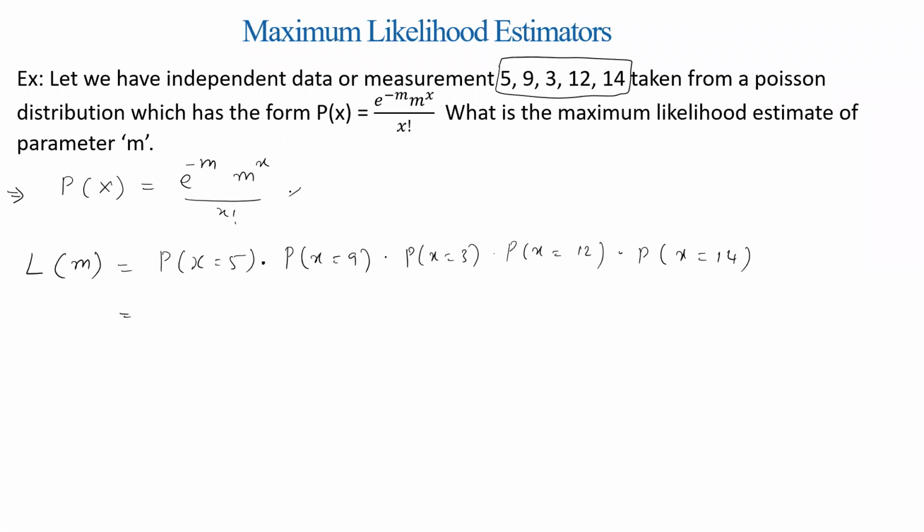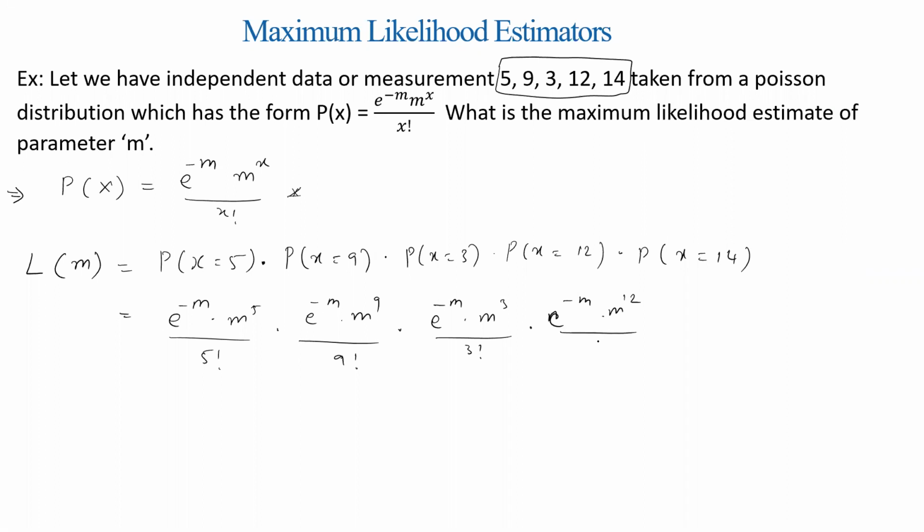So when you substitute this in P of x, you will get e power of minus m into m power 5 divided by 5 factorial, into e power of minus m into m power 9 divided by 9 factorial, into e power of minus m into m power 3 by 3 factorial, into e power of minus m into m power of 12 by 12 factorial, into e power of minus m into m power 14 by 14 factorial.